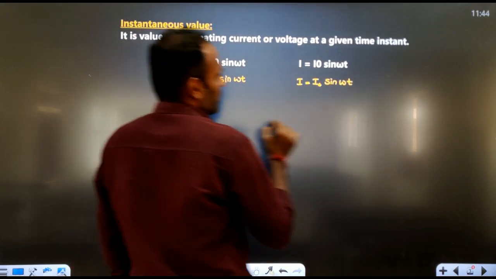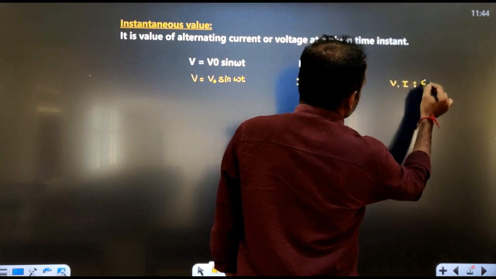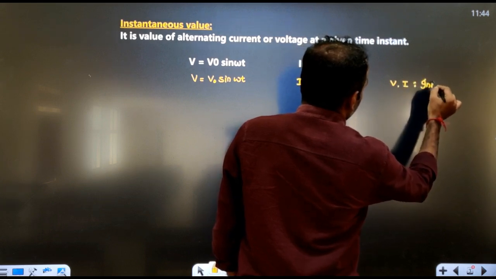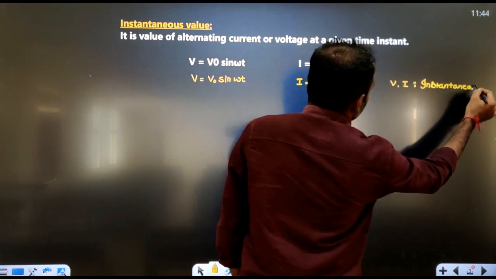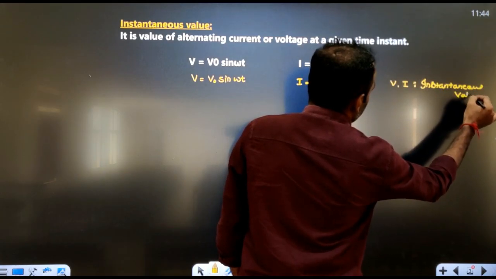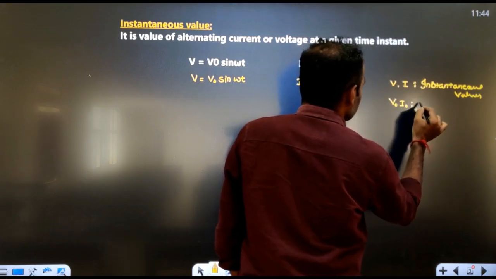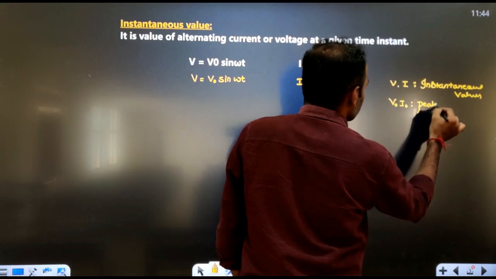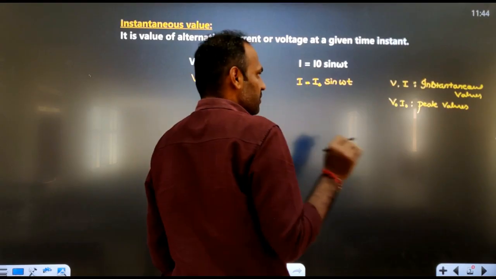Okay, here see, V and I both indicate instantaneous values. Then V naught and I naught both indicate peak values. Peak values. Correct? I will tell what these instantaneous and peak values are.